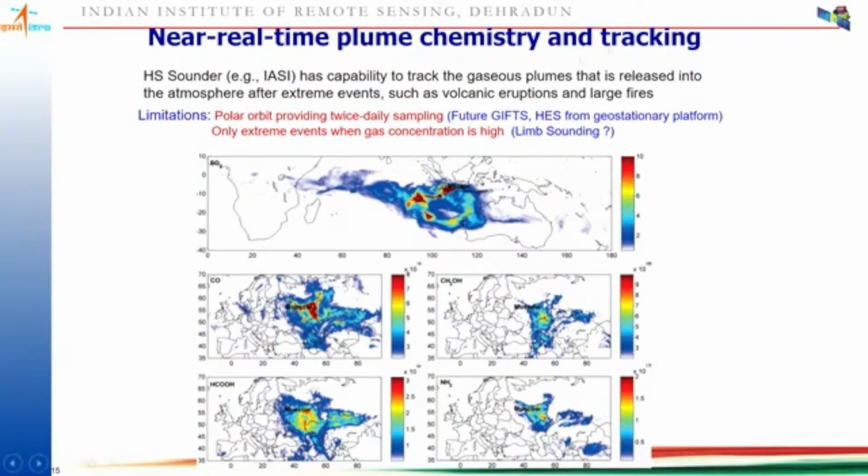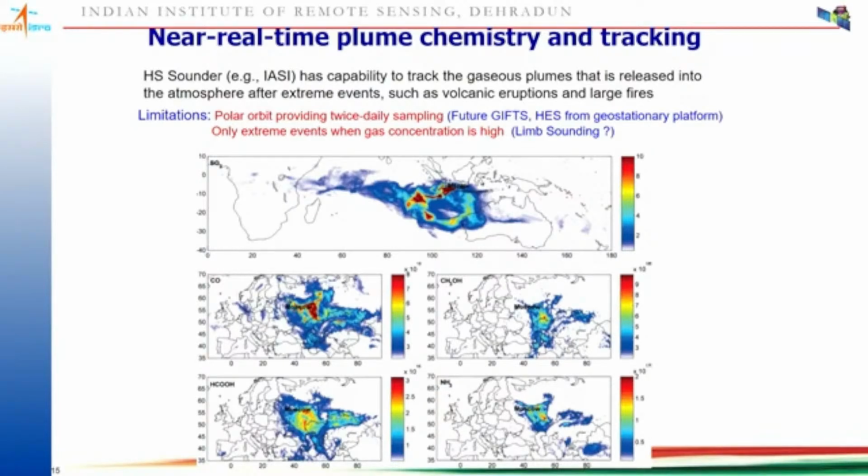Currently this IASI or AIRS is a hyperspectral sounder which gives a lot of species information, and also the GIFTS. This is the Geosynchronous Imaging Fourier Transform Spectrometer. It has around 1800 channels, and it is a very high resolution sounder on a geostationary platform. The importance of the geostationary platform is that every 30 minutes we have the data, as compared to the polar orbit where we have data only every 12 or 24 hours.